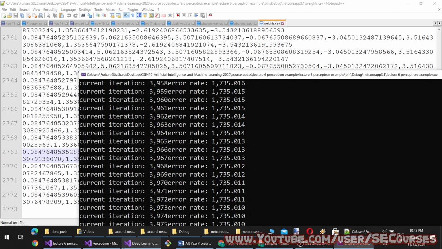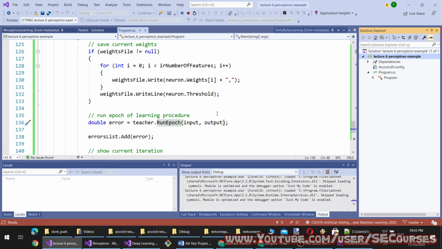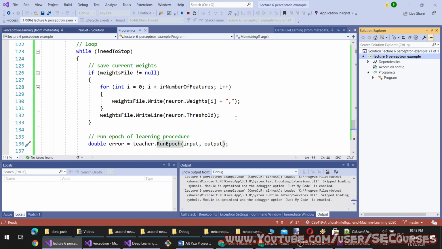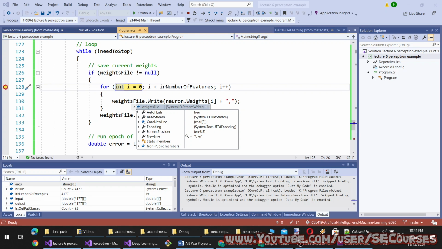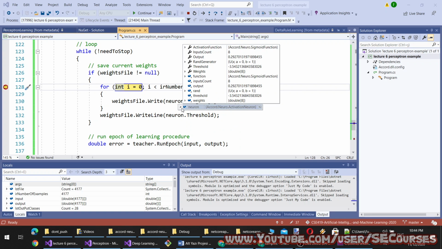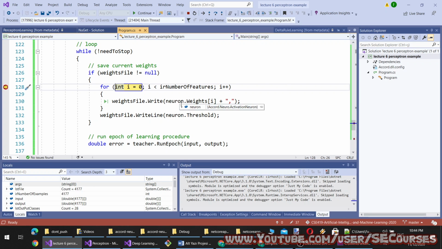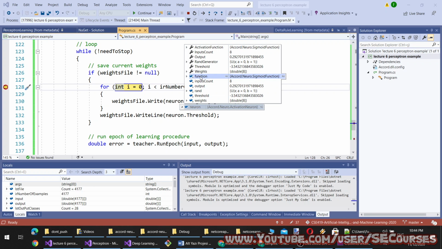I think these are the weights of the network. Okay, there are 8 weights, and how many neurons are there? Creation function, inputs count 8, outputs. Okay, so there is a single neuron.